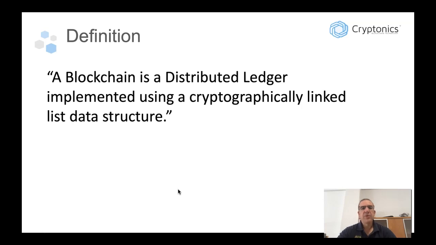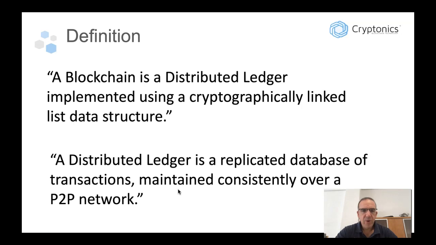The term is often used in a wider sense for all types of distributed ledgers, but really a blockchain, where the term comes from, is a chain of blocks, which is a linked list data structure. The other important word here is cryptographically linked. So there's a cryptographic linkage between the elements in the data structure that provide certain properties, which we'll also discuss in this video.